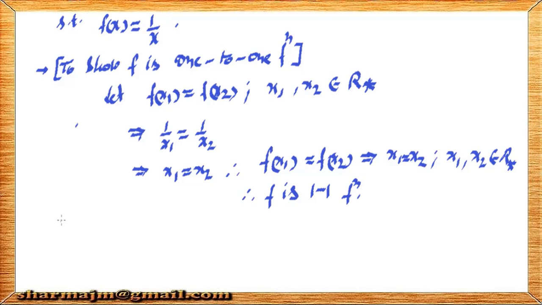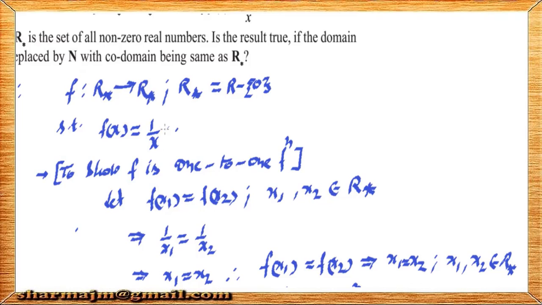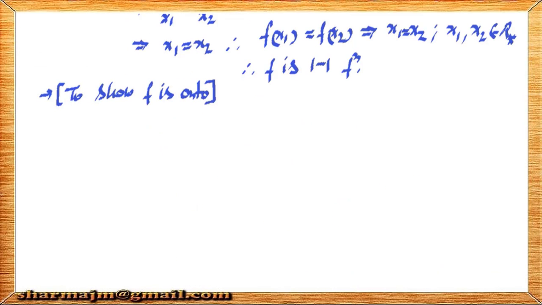Now we will show this function is onto. Okay, so we will take one element in the codomain and we will check its pre-image. So f is a function from R star to R star.